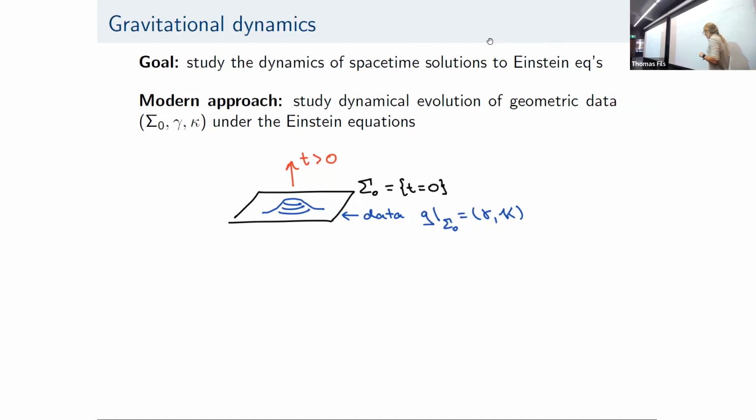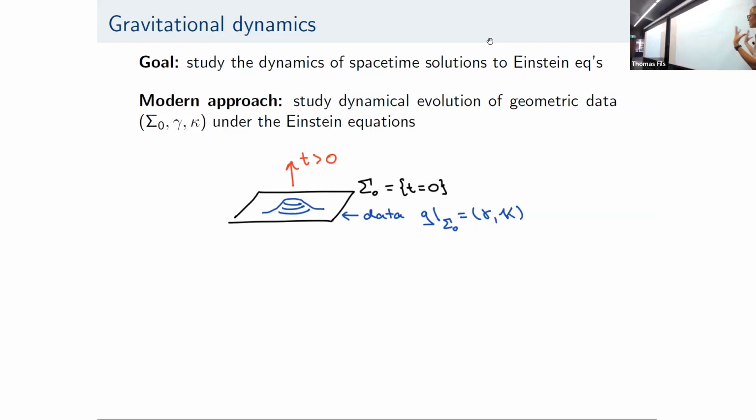So the easiest way to think about this is that I'm going to set time equals 0, and I'm going to specify position and velocity of my metric, very loosely speaking. And using the position and velocity, I would like to evolve forward in time to uncover the dynamics of that space-time.